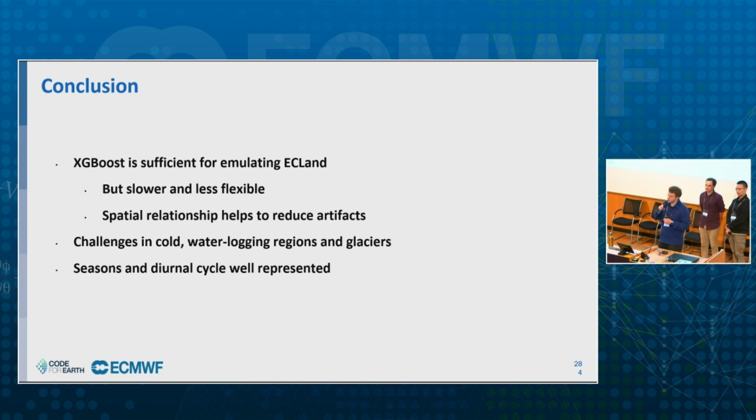We saw, exemplified by Scandinavia in this one map, that the emulators all struggle a bit with cold regions, especially glaciers, and also waterlogged areas close to lakes and marshes are a bit of a problem. The good news in terms of temporal error variability, which is boring, that's why we didn't show it, is that the seasonal and the diurnal cycle work quite well, so there's not much difference in performance between autumn and winter, for example, or between day and night.